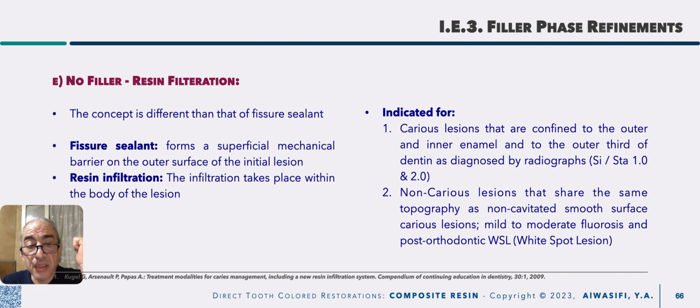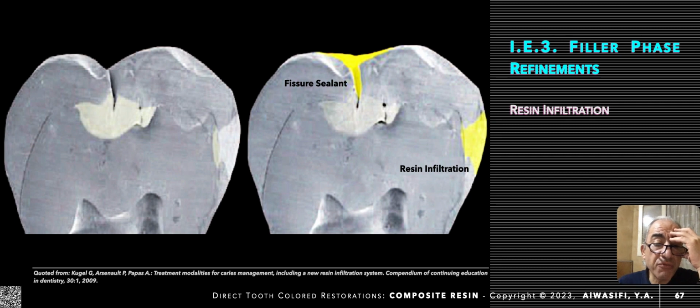That's why it is indicated for outer enamel demineralization and sometimes in only the outer third of dentine, diagnosed radiographically as E1 and E2, and non-carious white spot lesions. This is the difference between fissure sealant and resin infiltration. As you could notice, resin infiltration infiltrates the lesion and stops it, while the fissure sealant in the occlusal is just a mechanical barrier.